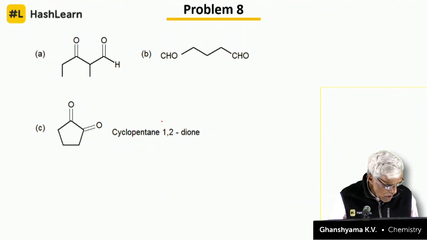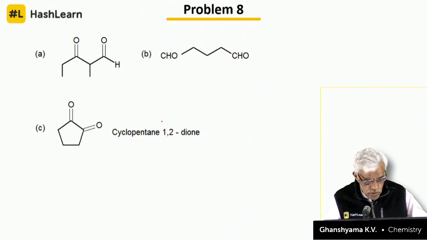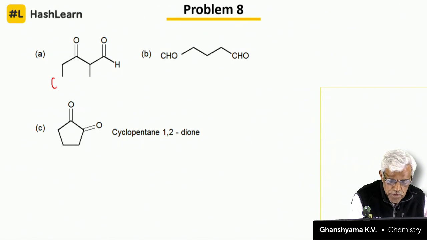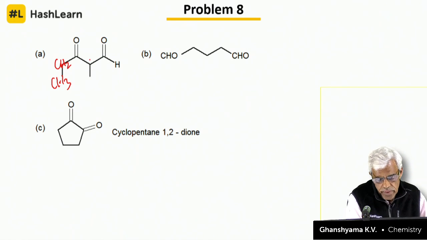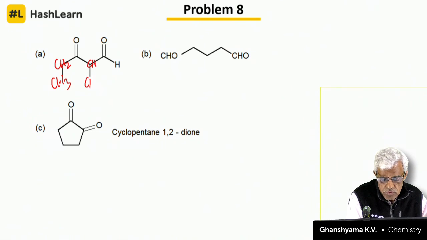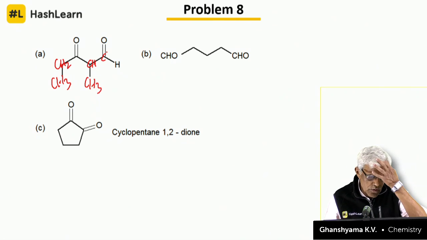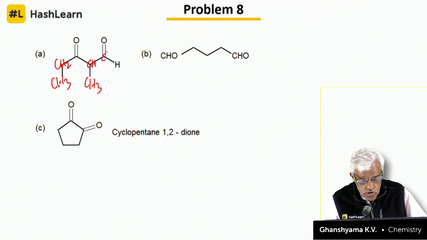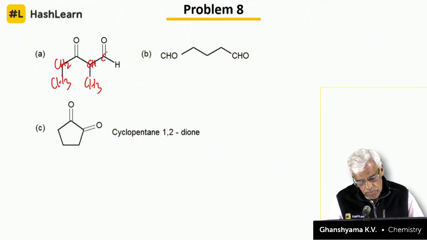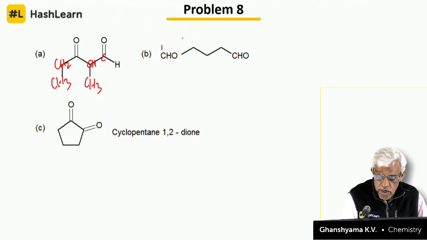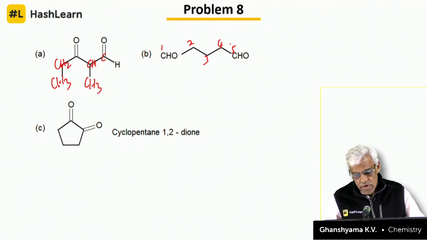Okay. We shall try to know the IUPAC names of a few compounds. This is an aldehyde, so please write the IUPAC name: CHO CH3 CH2 CO. So CO becomes oxo here. 1, 2, 3, 4, 5.